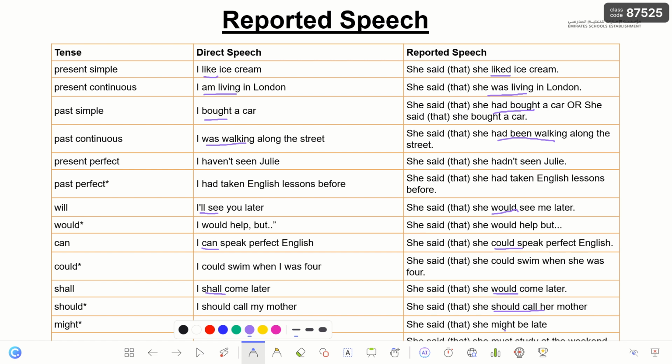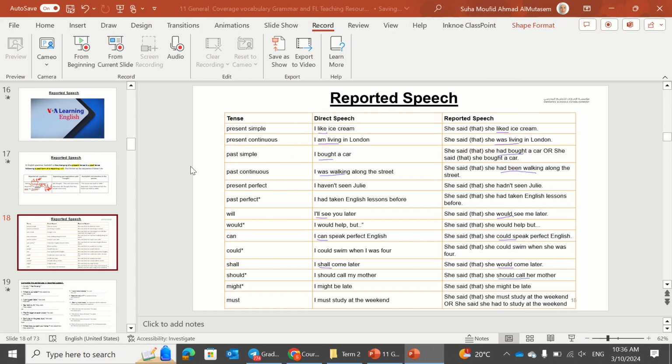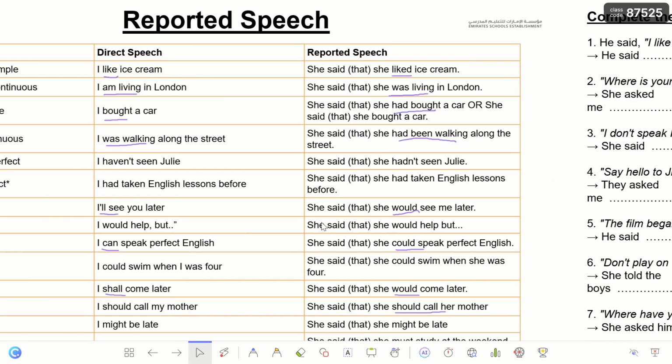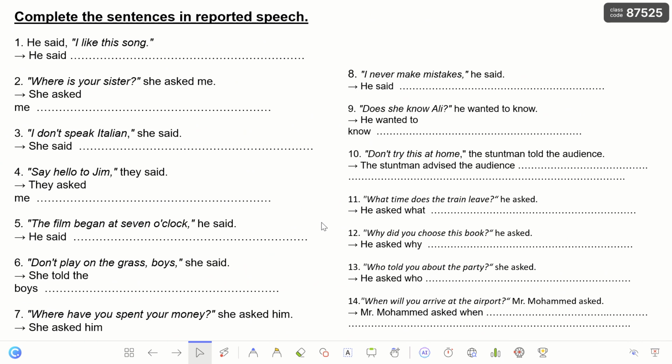May, might, may and might, must. Okay. I will leave you with these sentences to practice.